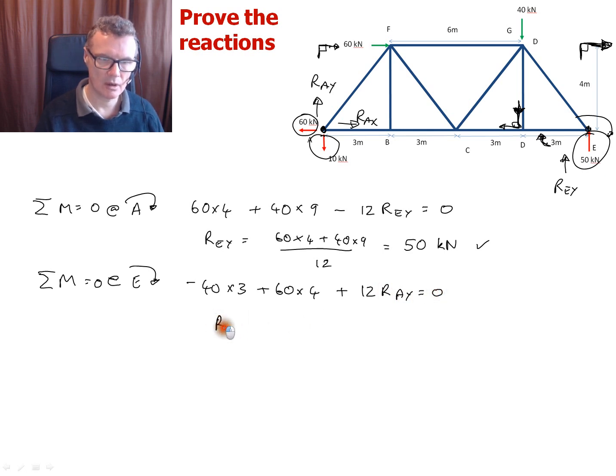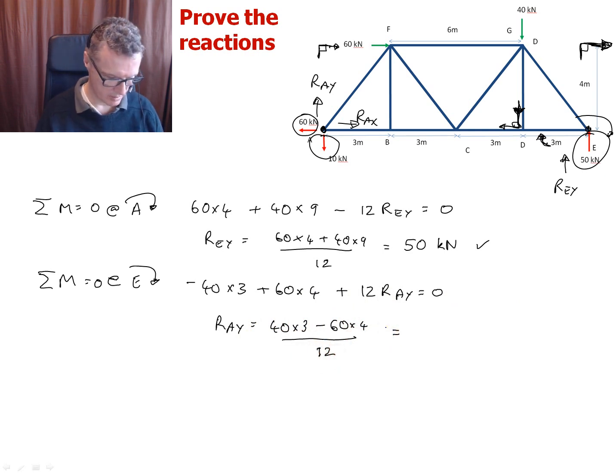So that gives me RAY, move these things over to the right hand side, is 40 times 3, take away 60 times 4, let the calculator do the work, divided by 12 equals, so 40 times 3, take away 60 times 4, divided by 12, gives me minus 10. And so this 10 is pointing downwards, so it's a minus in my convention, as it were.